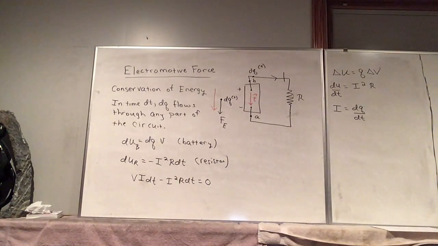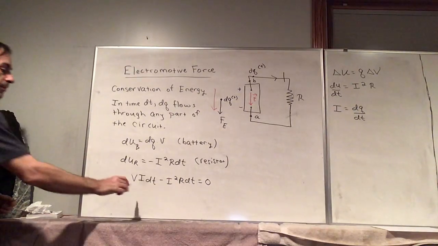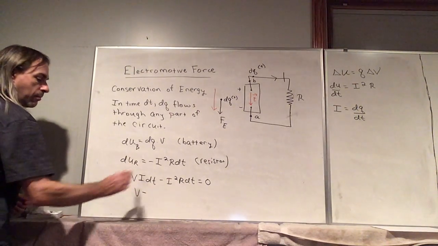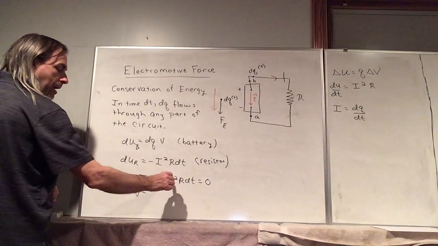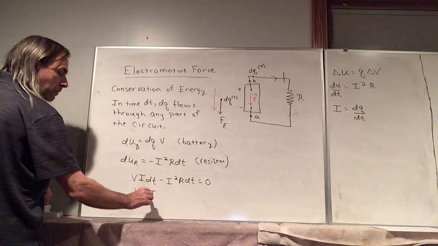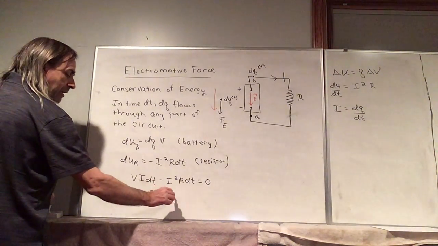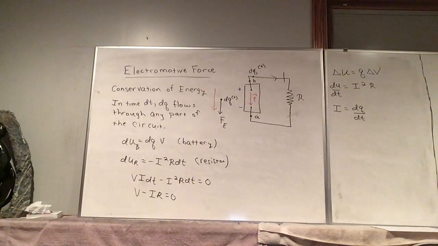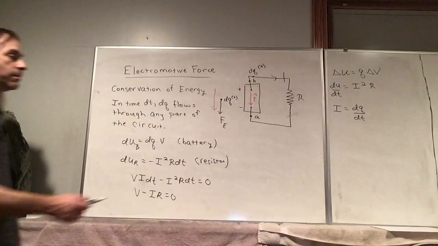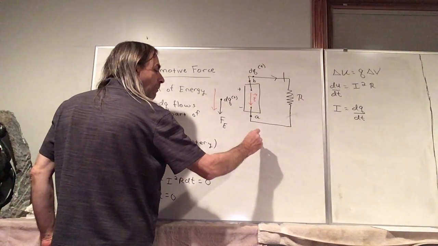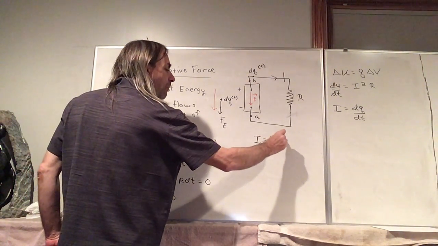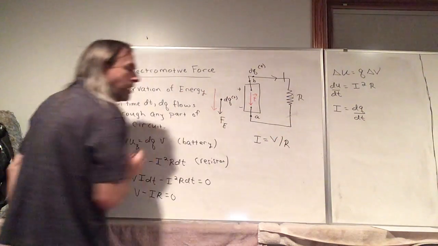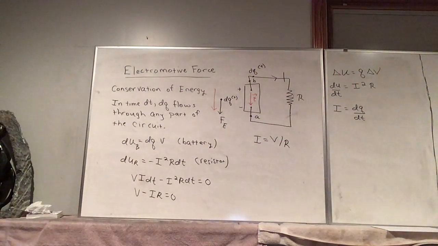We can divide by I dt here. We get rid of one I and the dt, so we have V minus I R equals 0. Let's solve for the current: the current flowing through this circuit is just V over R.